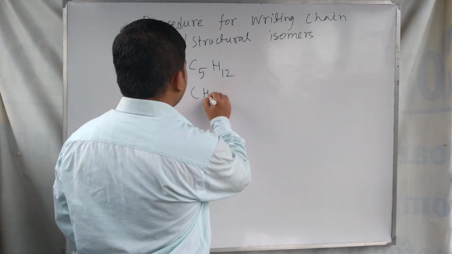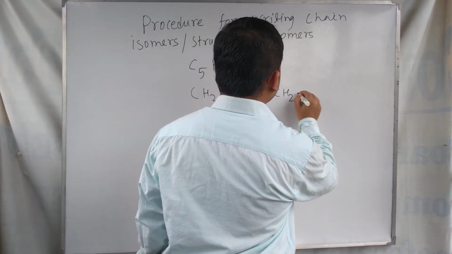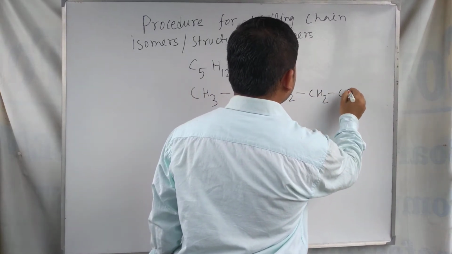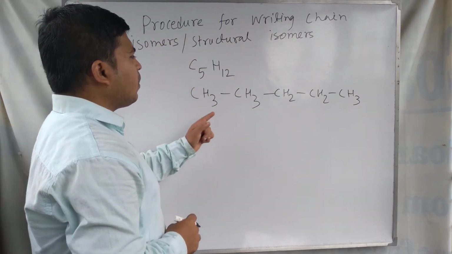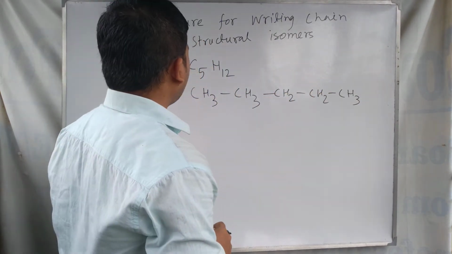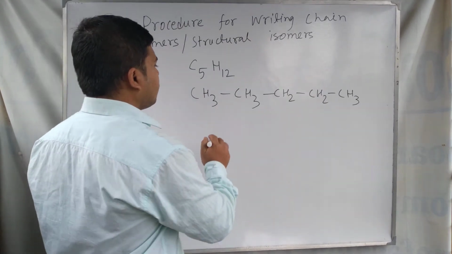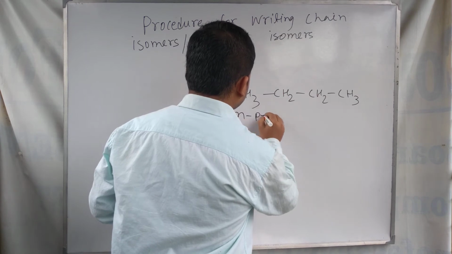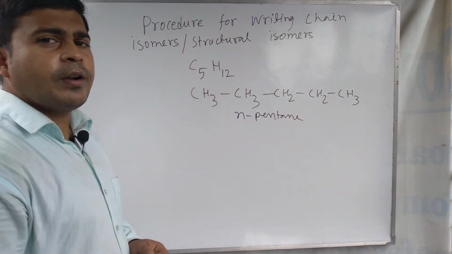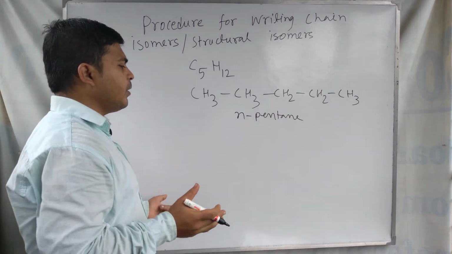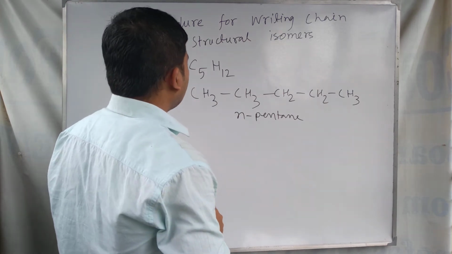At first we can draw this compound where 5 carbons and 12 hydrogens are present, and this is called n-pentane, or simply pentane.